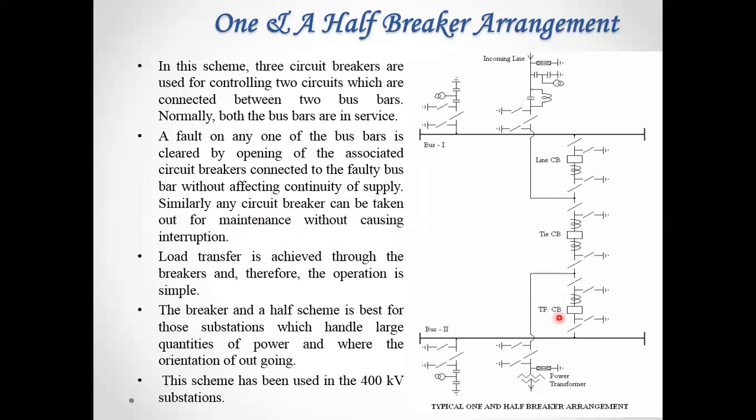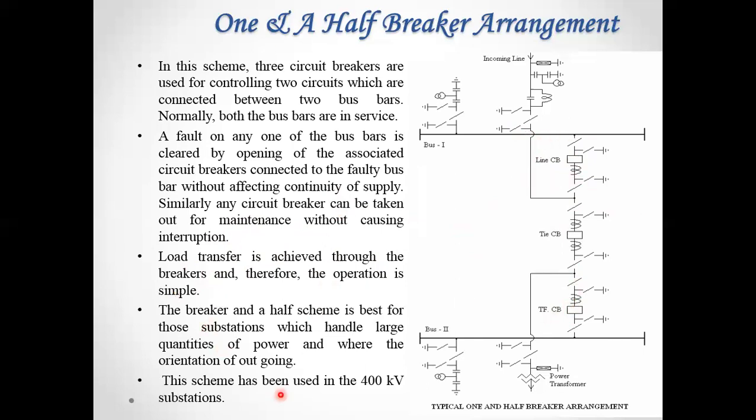Using these 3 circuit breakers, if any one circuit breaker fails, we can easily remove it so that it doesn't disturb the flow of electricity. Load transfer is achieved through the breakers, and therefore the operation is simple. Whatever the load is, the load distribution can easily be maintained by these circuit breakers.